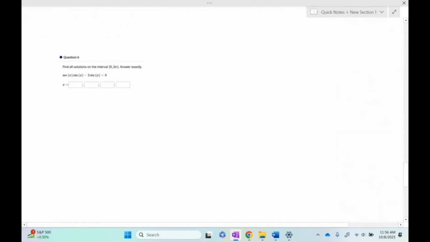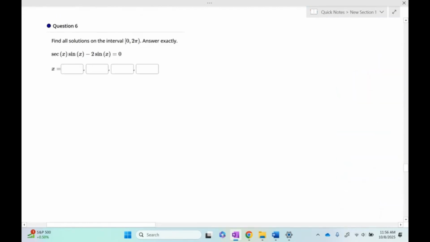So true indeed, it is linear. I mean, there's no variable squared. But there's 2 terms, and both of these terms have something common to both of them.